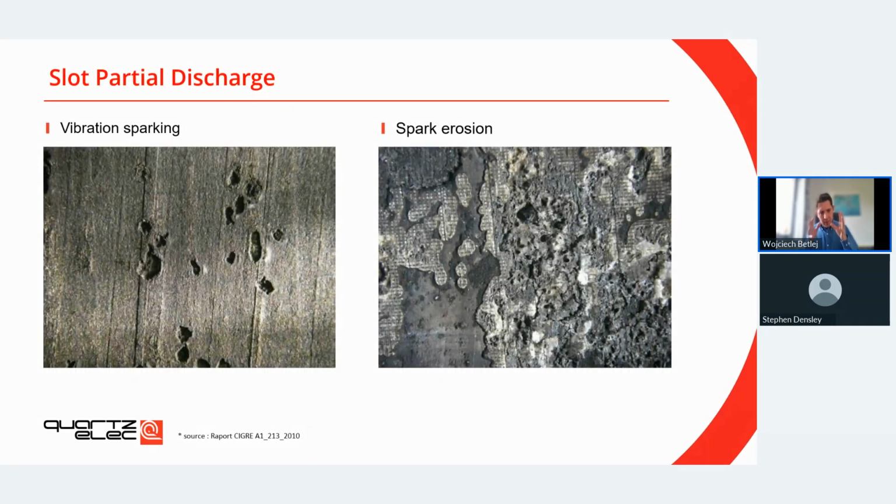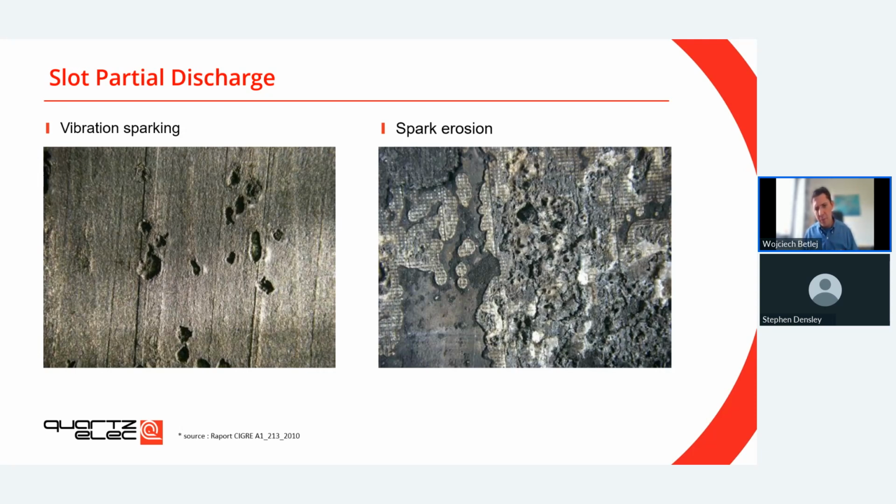Now, if you look closely at the surface of the stator bar where the spark erosion took place, there's something also called vibration sparking. So every time the stator bar is vibrating in the slot, every time it stops touching the core, there will be a little spark. And when you look under the microscope, you will see there's a little ingress in that insulation system.